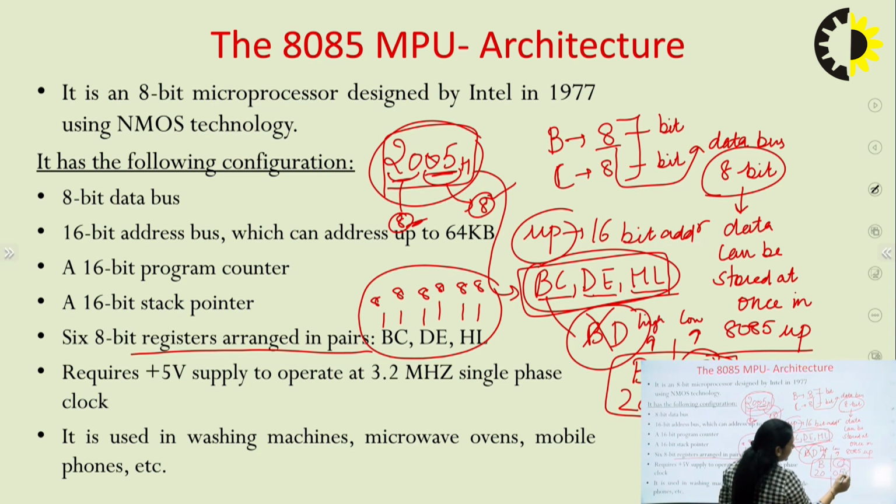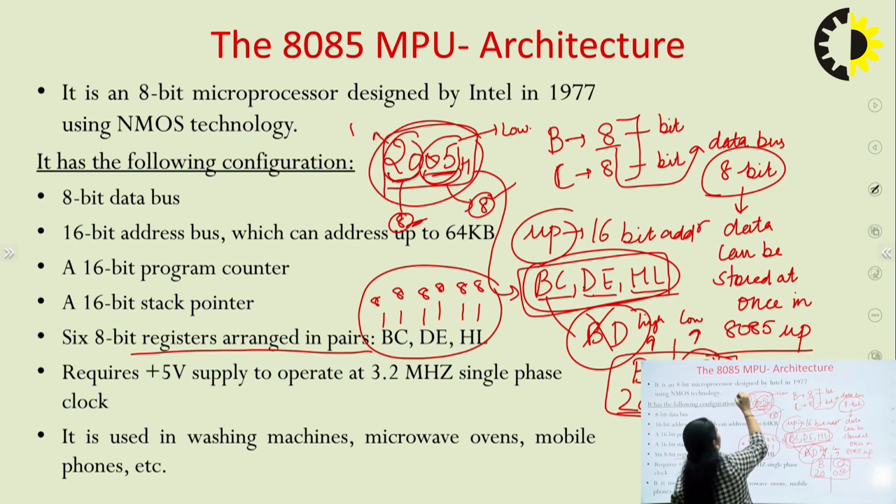So if I look in 2005, 05 is the lower order address and 20 is the higher order address. So that's why this 05 is stored in register C and 20 is stored in register B.